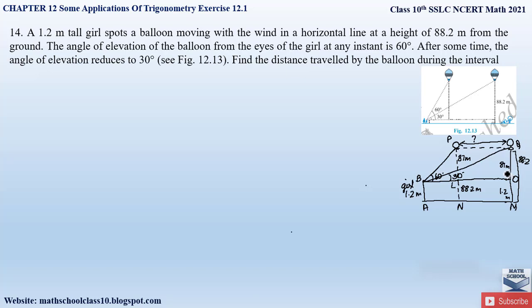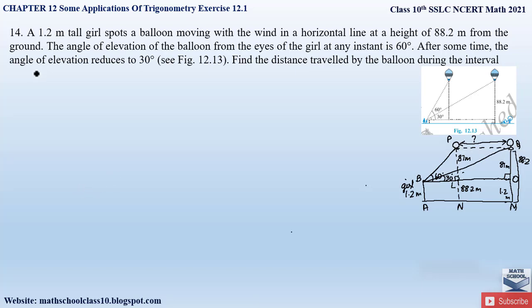One right angle triangle is formed here, that is triangle OBQ, and another right angle triangle is PLB. In these two right angle triangles, we will apply the trigonometric ratios and we will find out this distance LO, which will be equal to OQ.